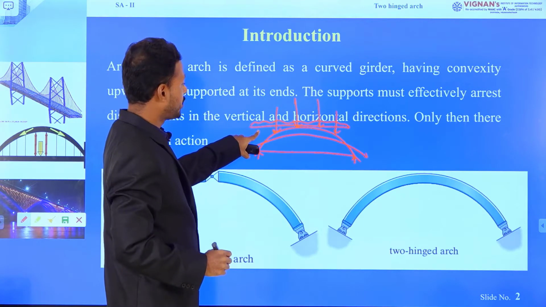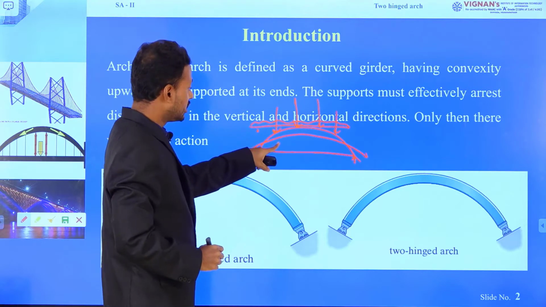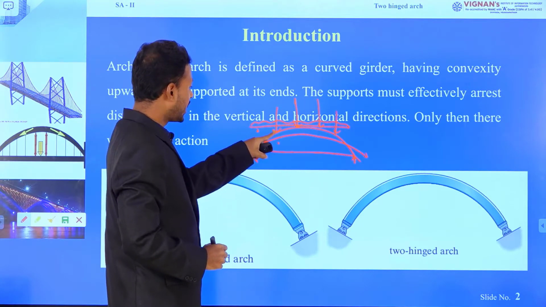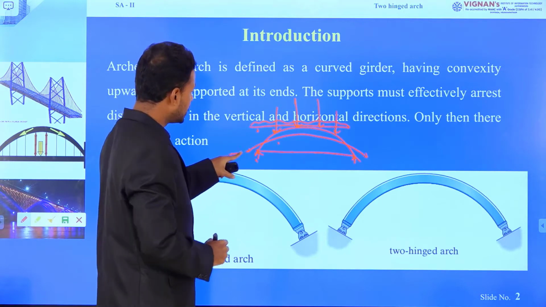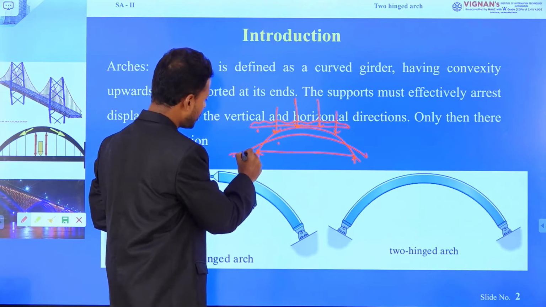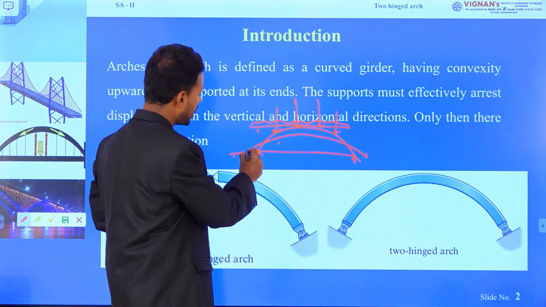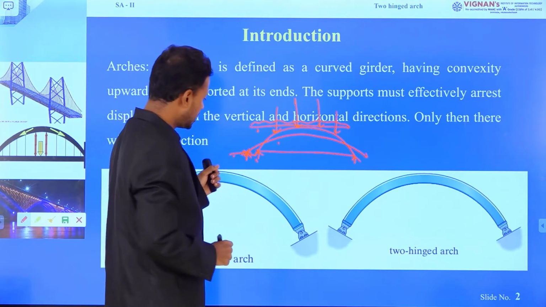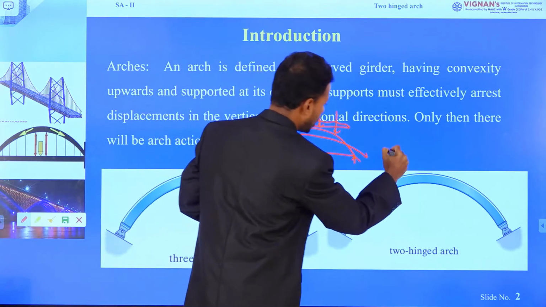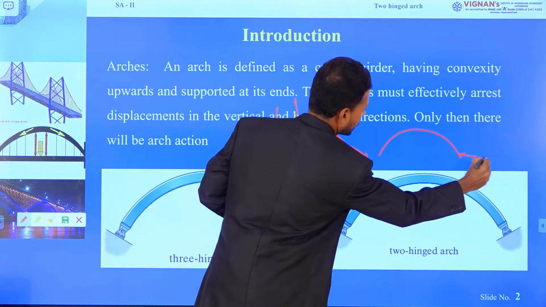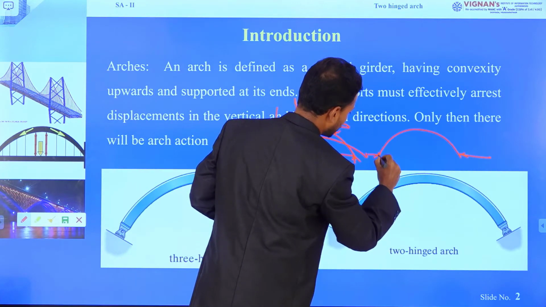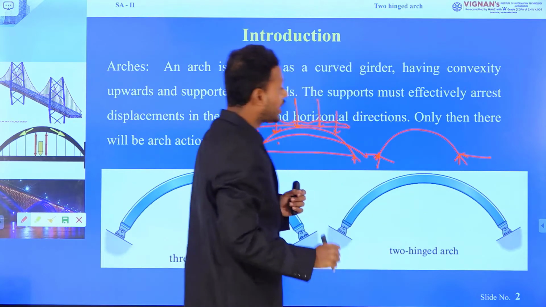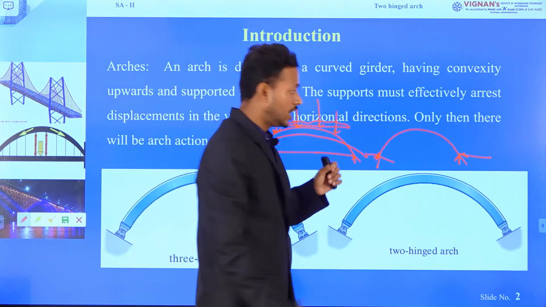After application of load, the girder gets deflected and this is the final position of the girder once the load is applied, but the girder has a sufficient amount of horizontal thrust.